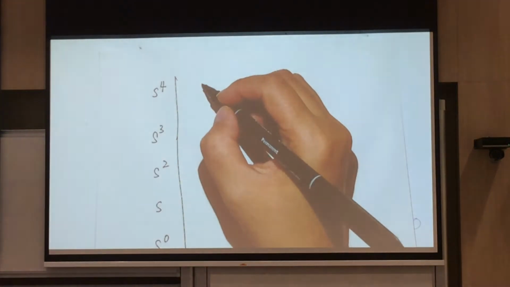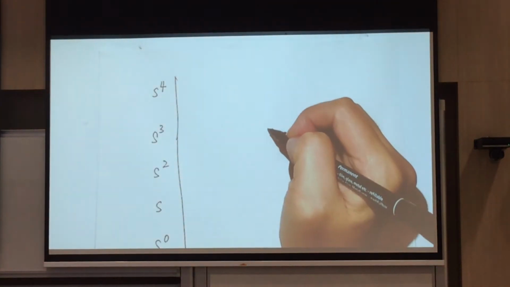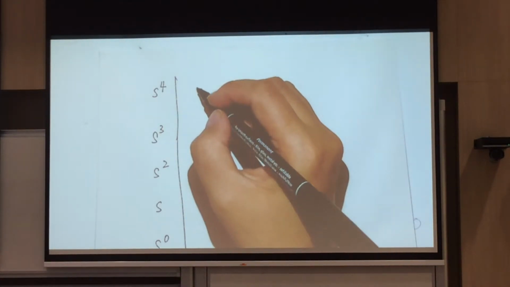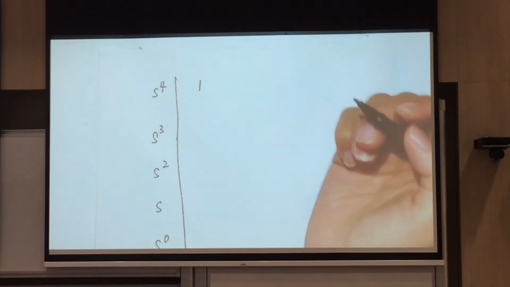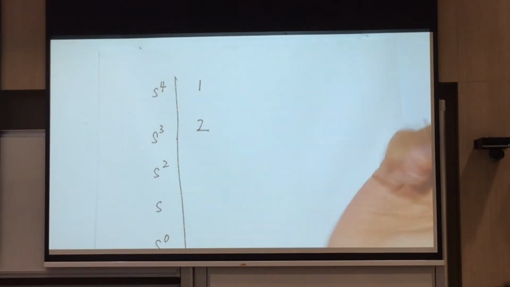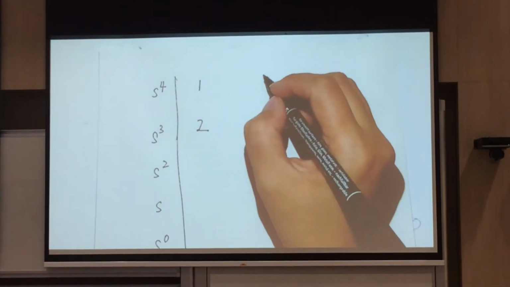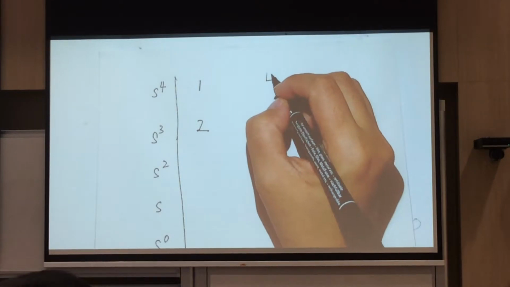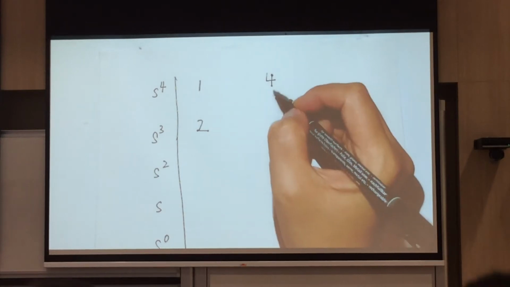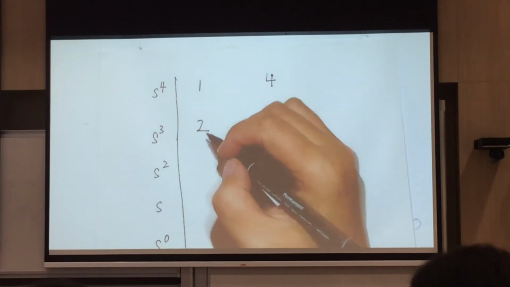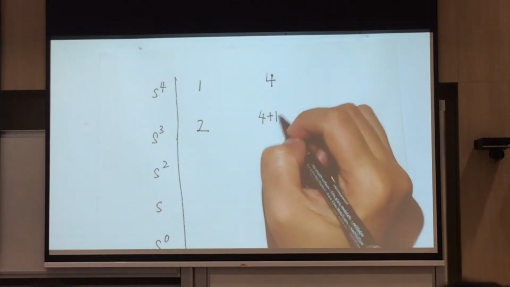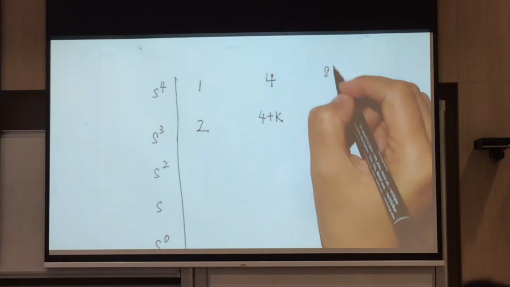What you're going to view is a4, a3, a2, a1, a0. So a4 is 1, a3 is 2, a2 is 4, a1 is 4 plus k, a0 is 8k.